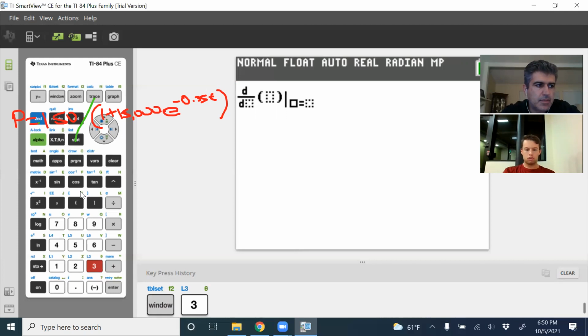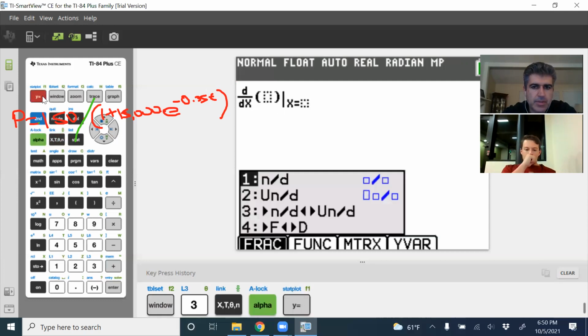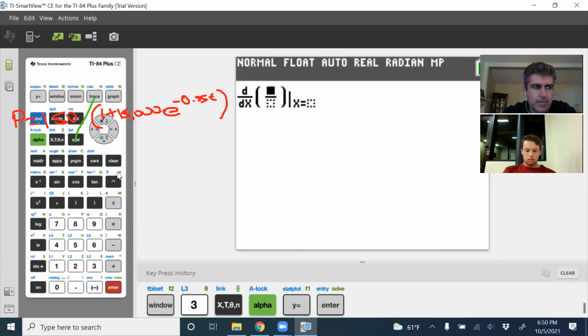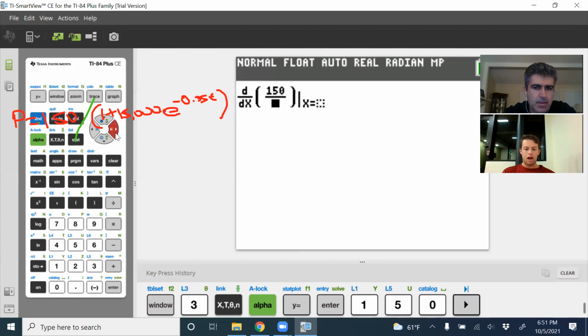Okay. Then you put x here. Then you hit alpha y equals, and pick the first option.